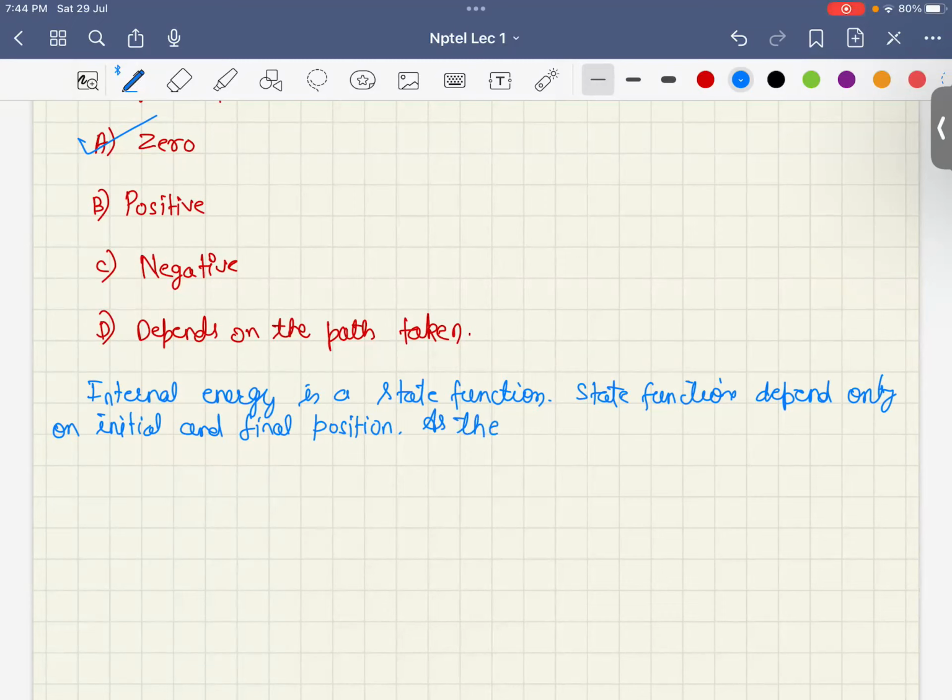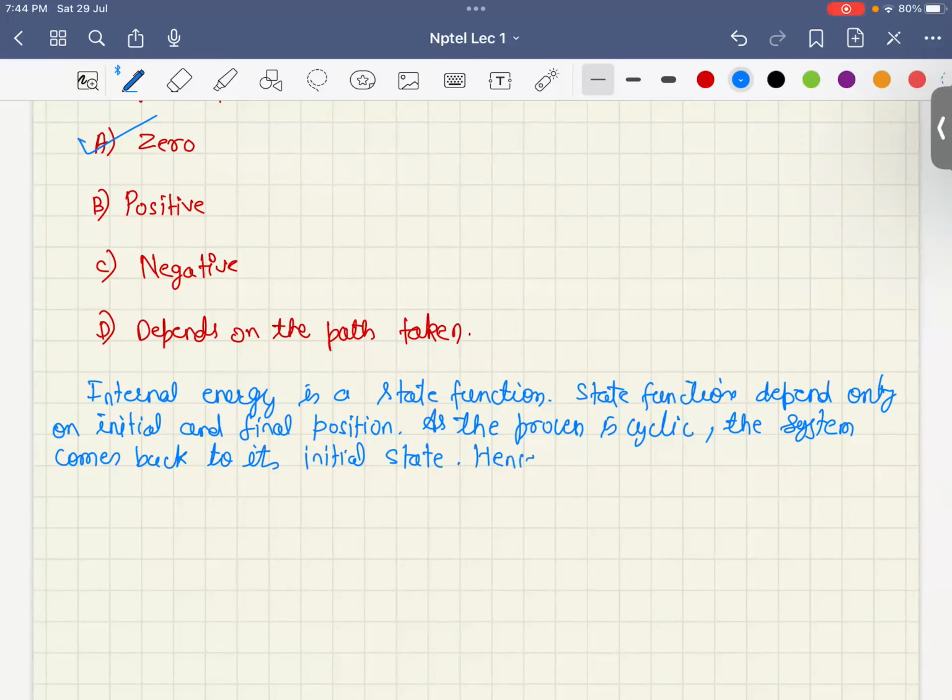As the process is cyclic, the system comes back to its initial state.